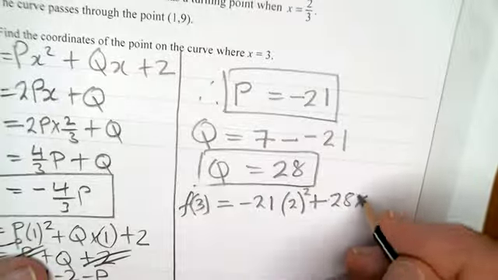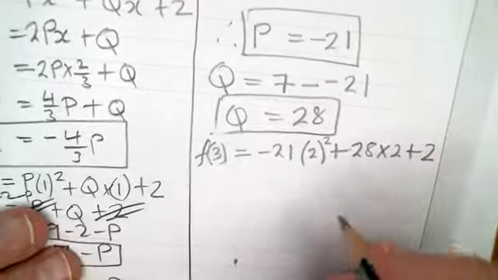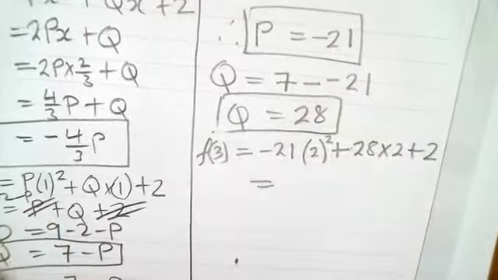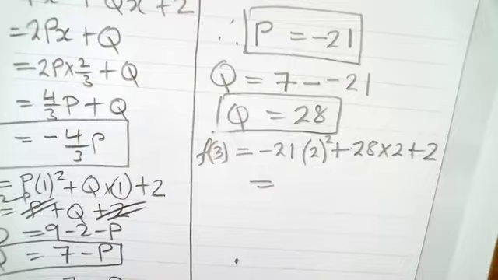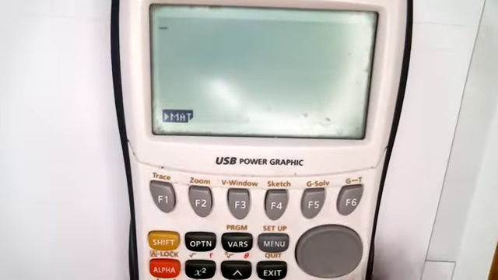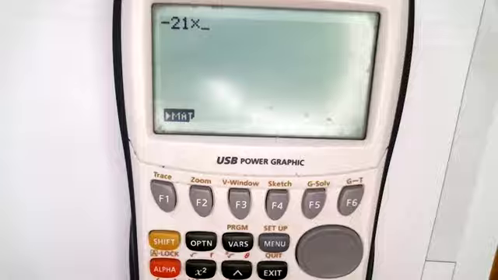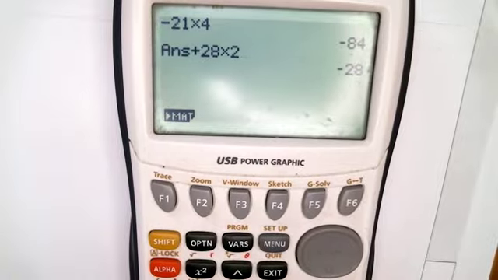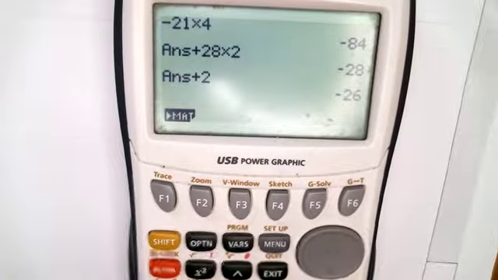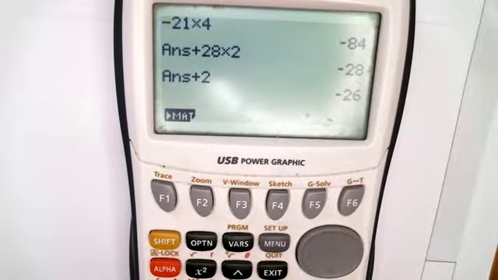So what does all that come to? Let's take a look. I'll do it straight onto the calculator. I'm going to put in negative 21 times 2 squared, which is 4, plus 28 times 2, plus 2. Wait, what happened then? Why did I do that? Hang on.